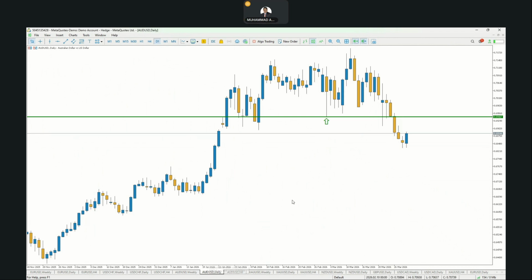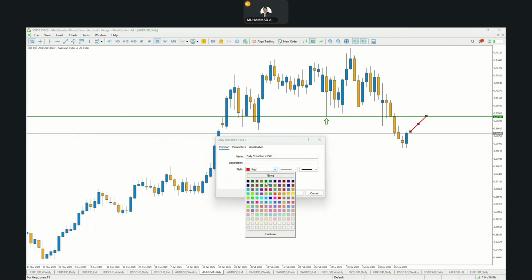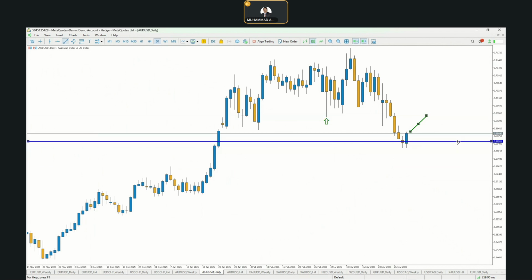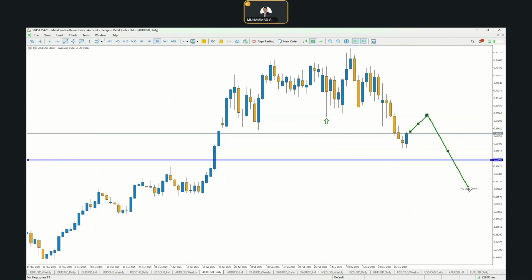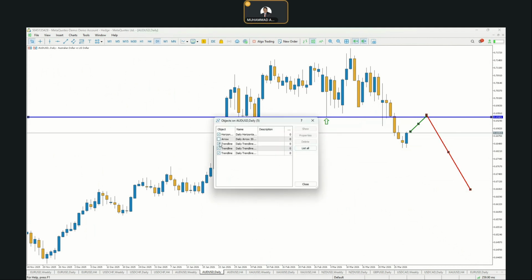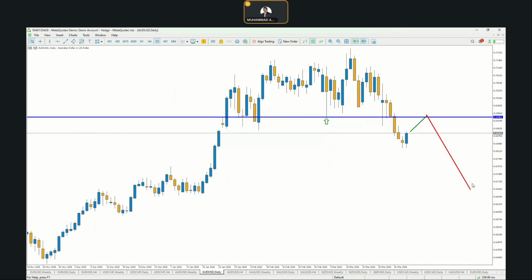If we take a look at daily time frame, this was a break of a support area, and now it's quite possible that AUD USD is probably going to rise up to test this support, which is probably going to act as a resistance, and then we might get further weakness in price action after that. So the way I see it, AUD USD is probably going to move sideways. Okay, and we might get a bullish move first and then further weakness in price action.